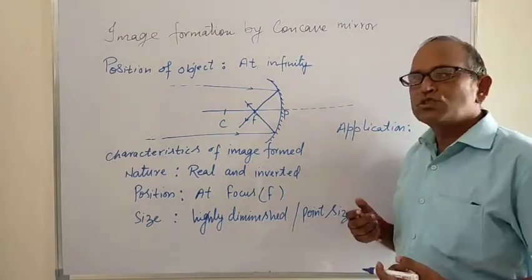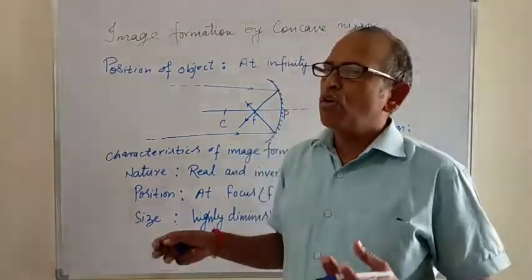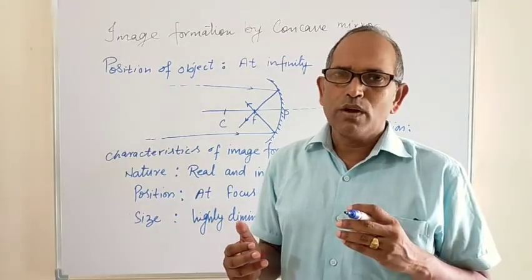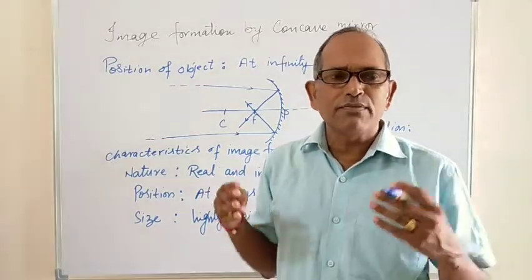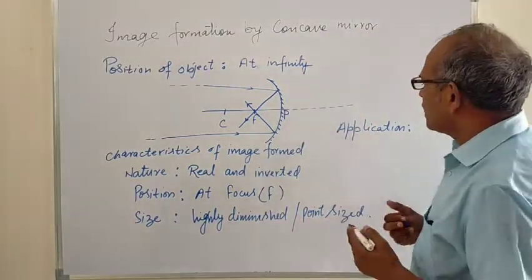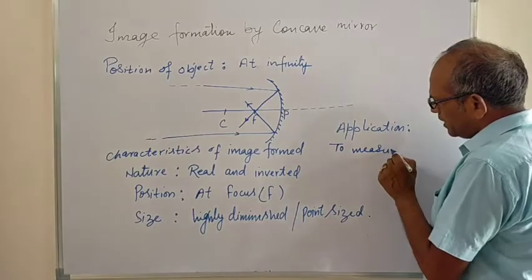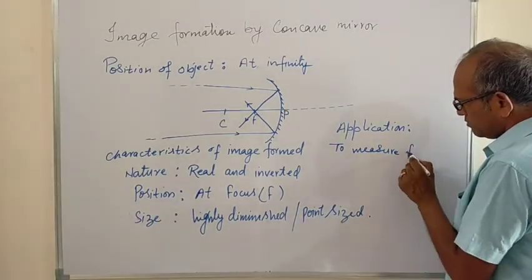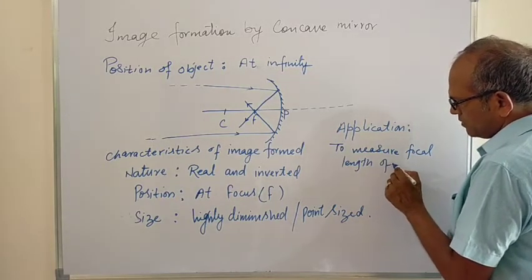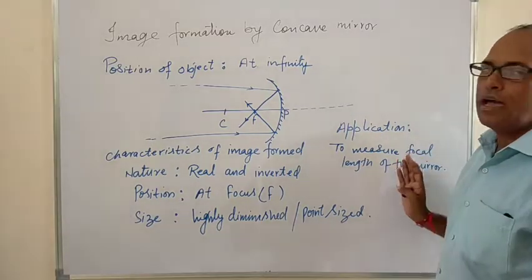At school level, as fun, you might have focused sun rays on a piece of paper trying to burn it. What you are doing is converging the rays of light at the focus. Through that, students, you can measure the focal length. So we can say it is used for an approximate measure of the focal length of the mirror.